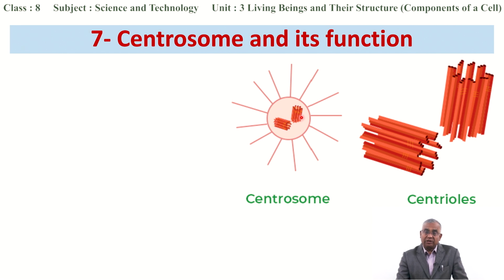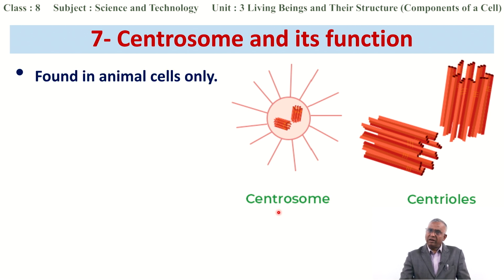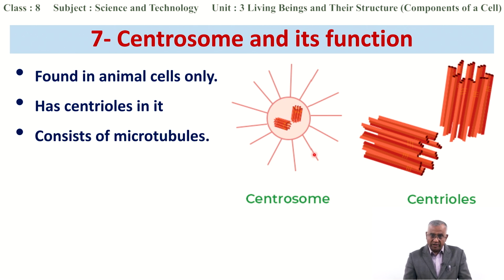These centrioles have to separate during cell division, about which we discussed. Cell division means formation of new cells by division. So there is an important role of these centrioles and it is found only in animal cells, not in plant cells. So at first about structure, it is found in animal cells only. It has two centrioles, we are familiar with it.